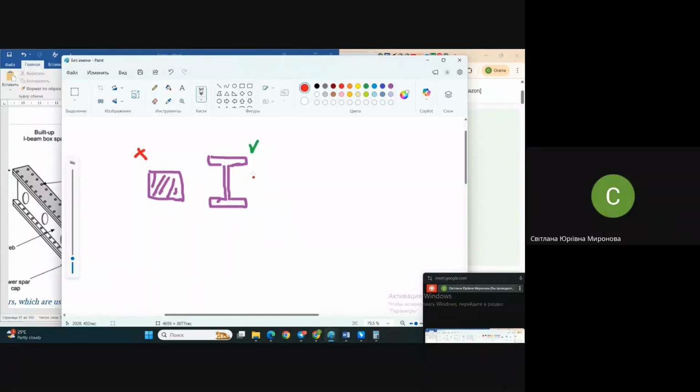It may withstand higher loads, and in order to have more stiffness of such a structure, we may come to some tricks. What if we extend it here? Instead of making a thick web, in my picture it's rather thick, let's remove some area of this web.